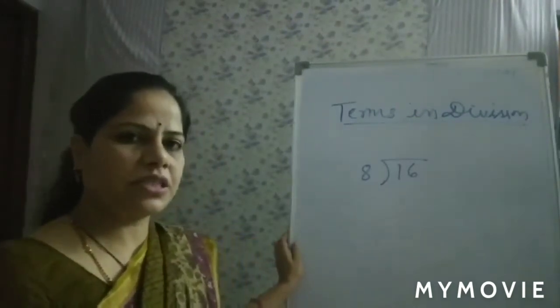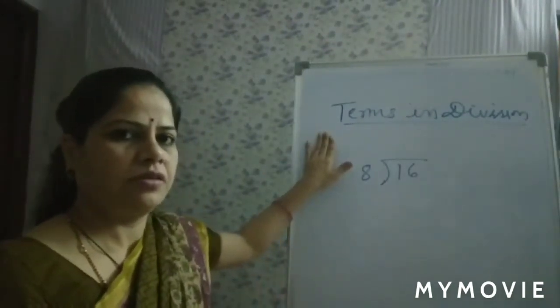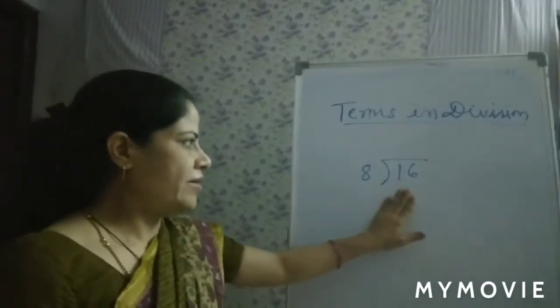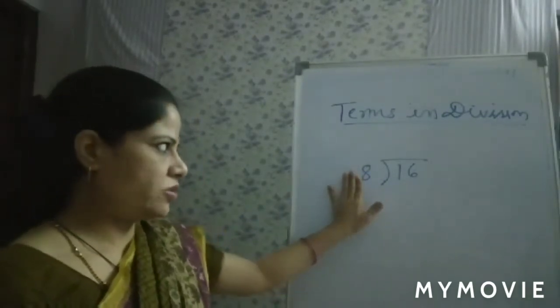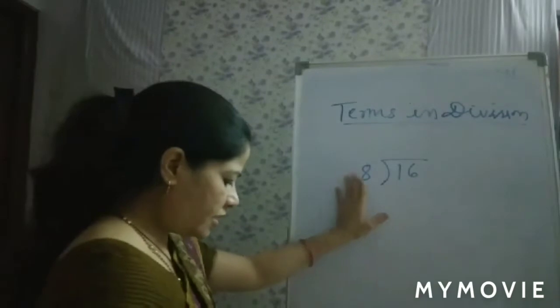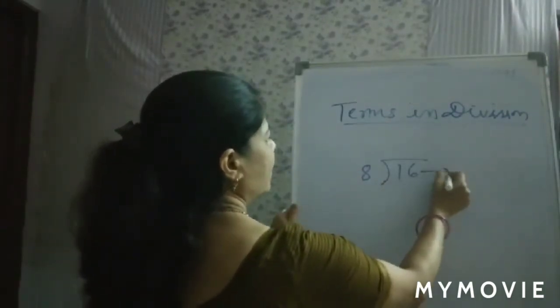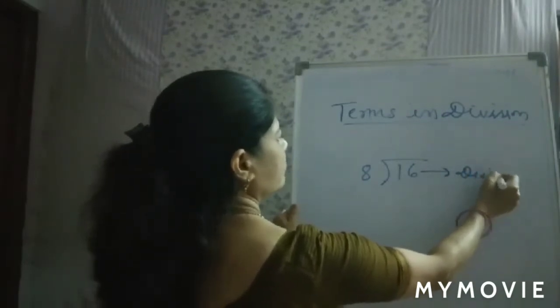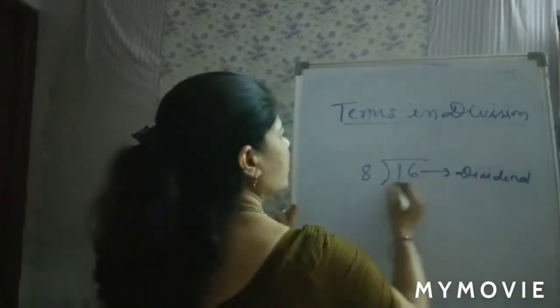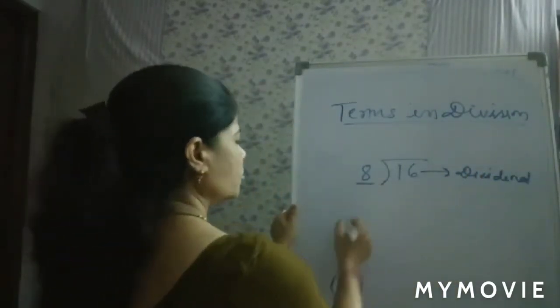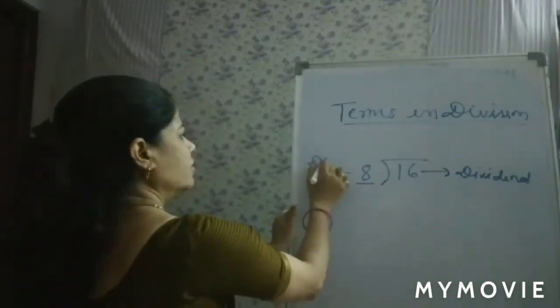Now you have to understand some terms in division. Okay, here I am dividing 16 by 8. So the number to be divided is called dividend, and the number by which we divide is called divisor.